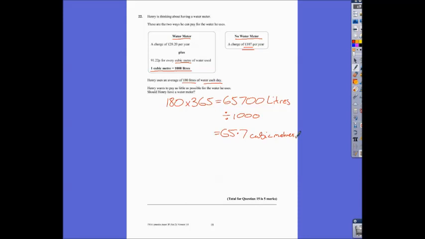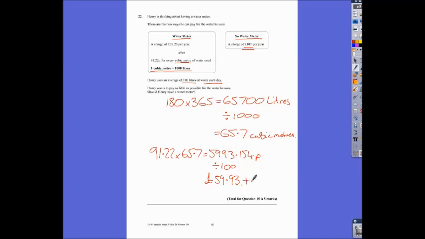Now it says it's 91.22 pence, so 91.22 times 65.7, and that would give us 5,993.154 pence. Now, all the other costs are in pounds, so if we divide that by 100 to get it into pounds, that's £59.93, and obviously we can't have the rest of that there, and it's not going to round it up, so just 59.93.